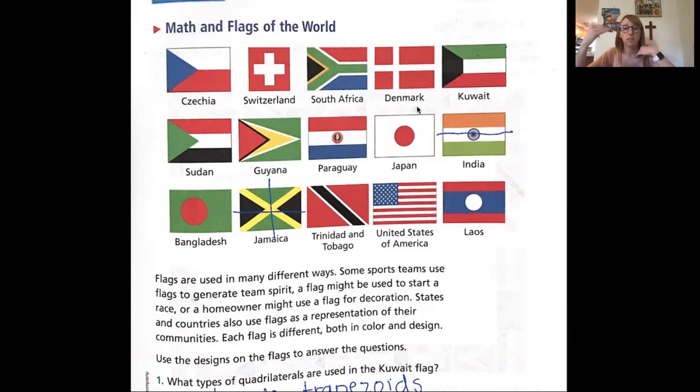So if we look specifically at flags that have symmetrical designs and colors, we would find that Switzerland has more than one line of symmetry. We would find that Japan has more than one line of symmetry. India for now. And we would find that Laos has more than one line of symmetry.